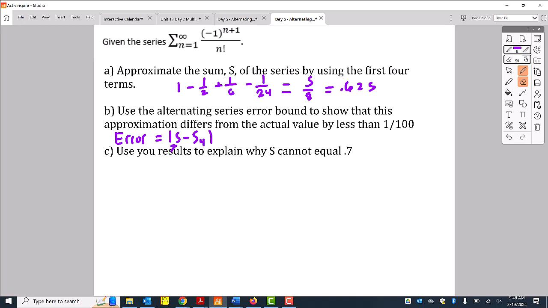This means the sum, and this means our approximation. And so that should make sense. Sum minus approximation is the error in our approximation. This error is going to be less than or equal to the next truncated term. Well, what's the next term we're missing here? The next term would be 1 over 120.